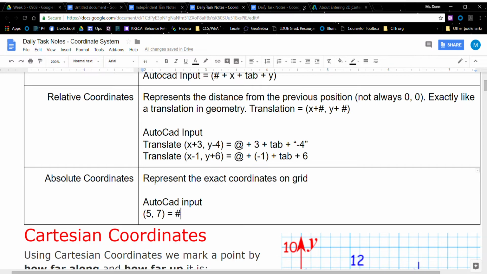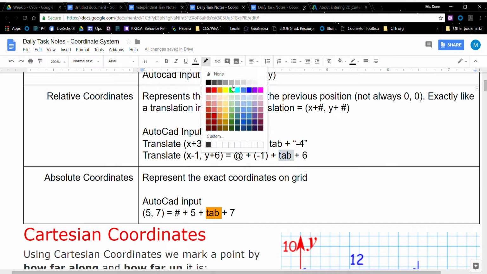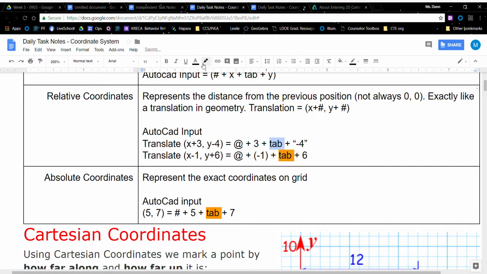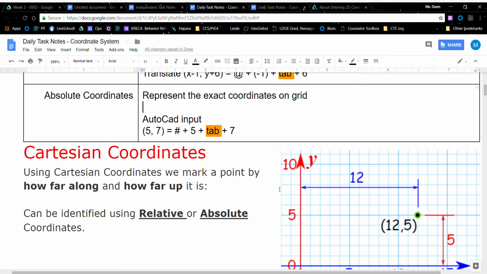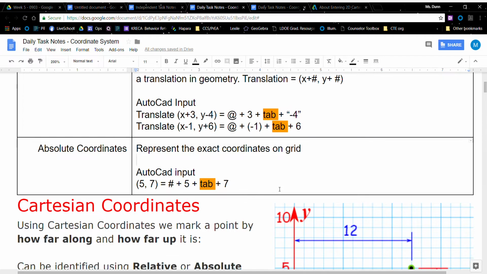Hashtag tells the computer to think about where 0, 0 is. And I'm going to say 5, tab, 7. This is important for you to know that you're going to be tabbing a lot to go between x and y values. You're just going to have to remember to do tab and not comma. Comma is going to confuse you down the line if you press it too many times. All right, so these are the notes that I should have in this section.